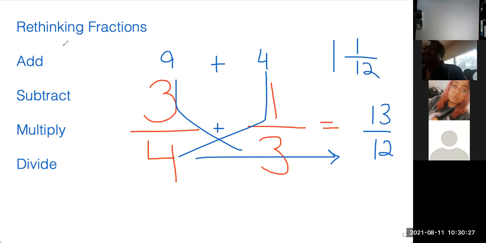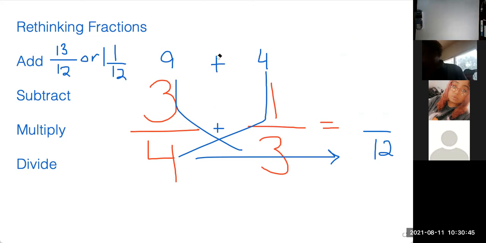So that answer is 13/12, or if we're feeling advanced, 1 and 1/12. Next, subtract. Five twelfths.